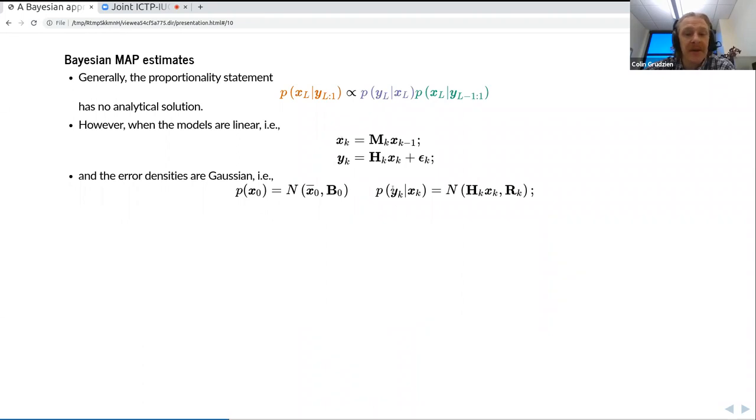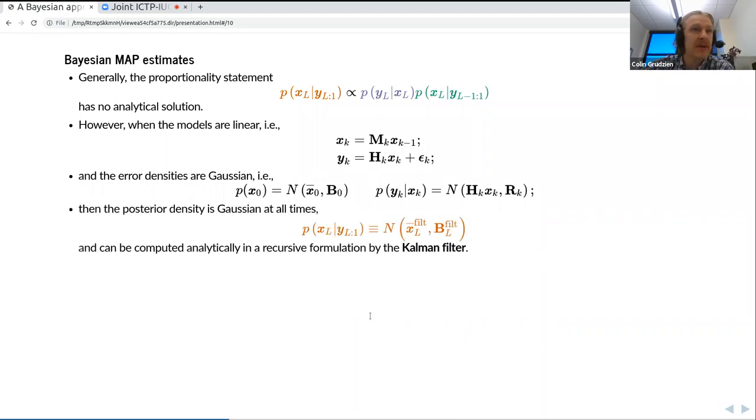Respectively, for the likelihoods of the various observations, the conditional density for an observation given the model state will just be a Gaussian, centered at the observed model state with the observation error covariance.